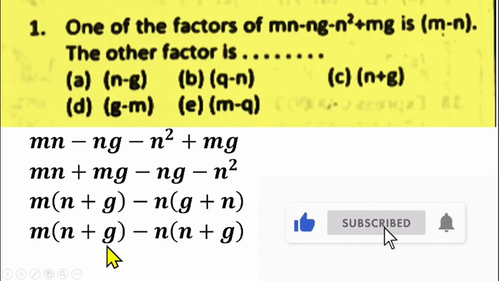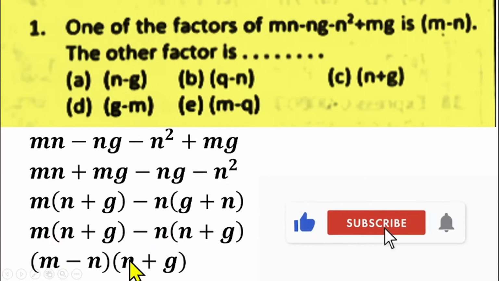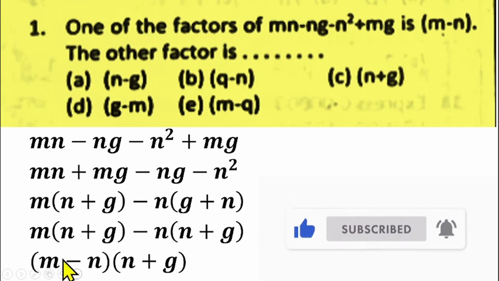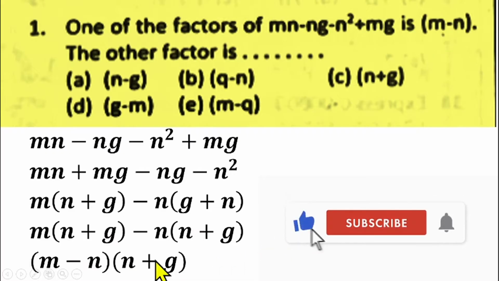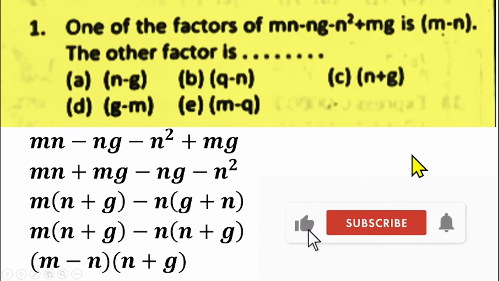So we'll be having m minus n, which is the first factor given, and you pick one of the brackets, that gives us n plus g. So if this is the first factor, that means this is the second factor, n plus g. So that makes option C the right answer for question number 1.